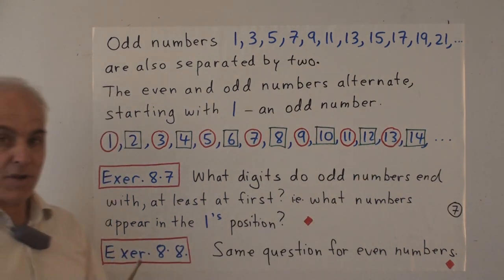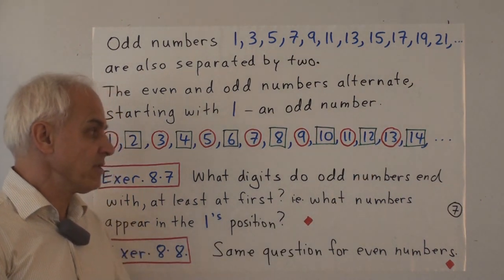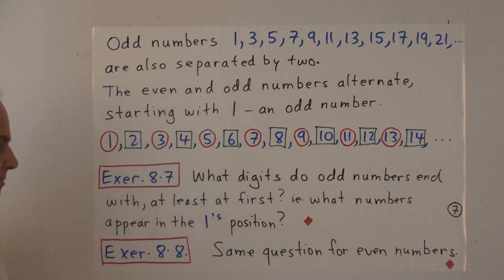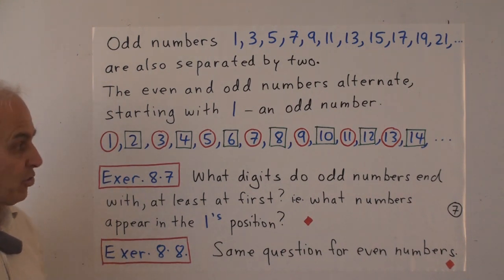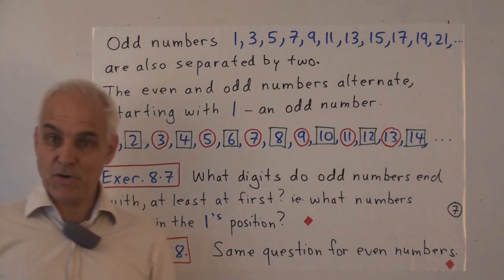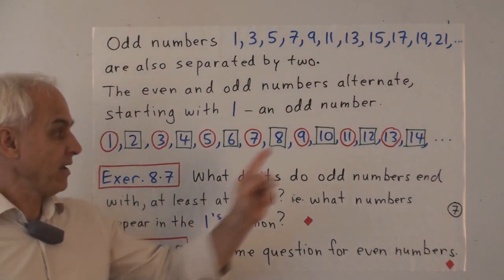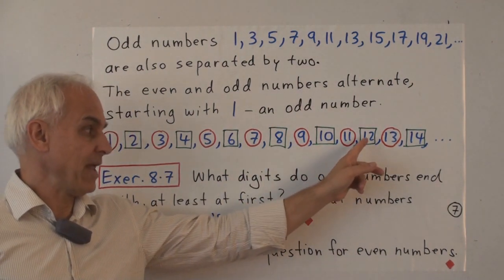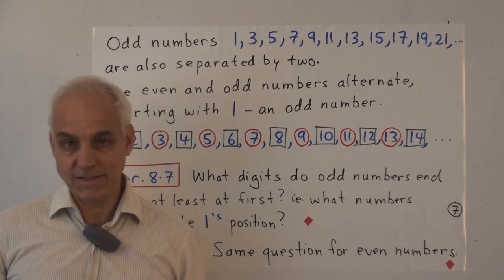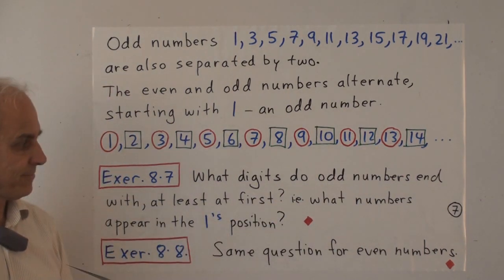So we're interested in what are the digits that occur in the ones position for odd numbers. And same question for even numbers. So that's a very useful thing to be able to do, because then if you have a bigger number and you want to know whether it's even or odd, well, it turns out all you have to do is look at the last digit. The last digit tells you whether it's even or odd.